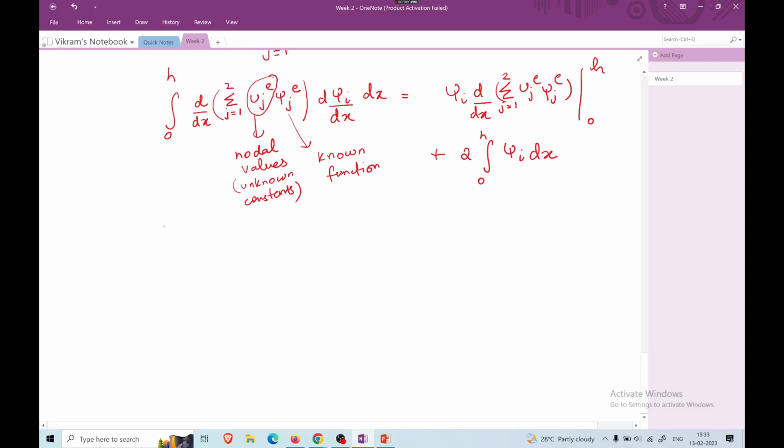So if I take this, summation j equal to 1 to 2, d psi I by dx into d psi j e by dx into uj, dx, integral 0 to h. The superscript e just means a particular element.